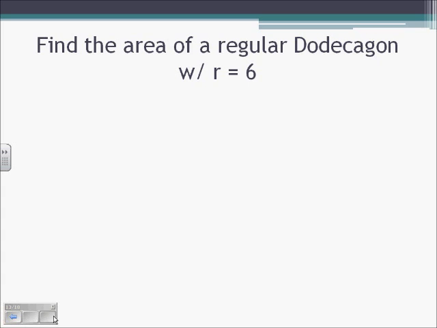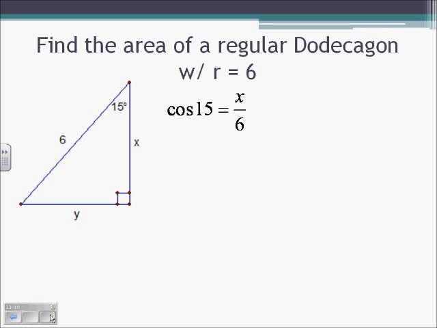So that angle is going to be 30 degrees, but when we split that in half with the apothem, that's going to be down to a 15-degree angle, creating our triangle here. So we use that to find our apothem, which is x, and half of a side length, which would be y. So we know the cosine of 15 degrees is going to equal x over 6. So we multiply that by 6.